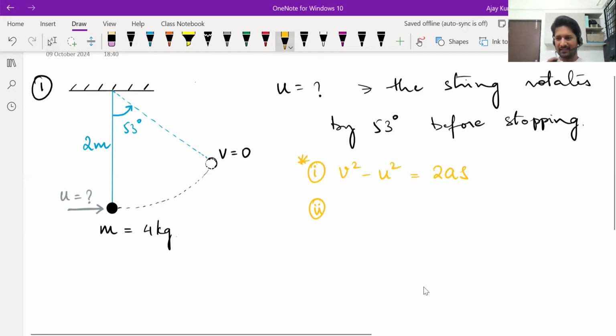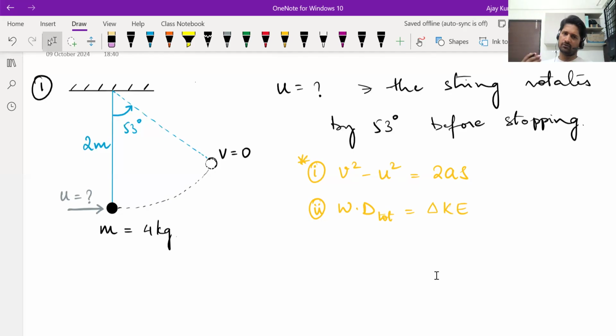Now, work includes displacement, right? So you can write work done by all forces, or the total work done, is equal to change in kinetic energy. And change in kinetic energy will include final velocity and initial velocity, final speed, initial speed. So this is also a way to solve. And the work energy theorem doesn't have any conditions. You just need to include work done by all forces. Then you can use it in any case.